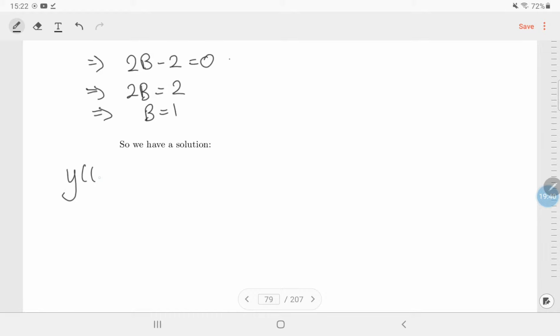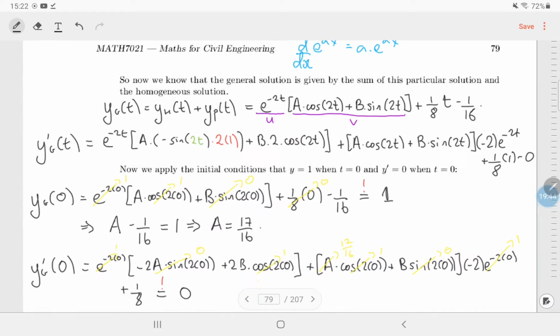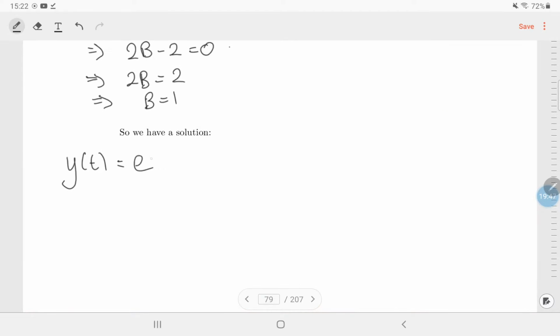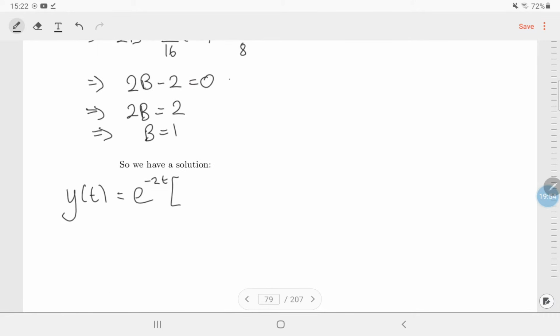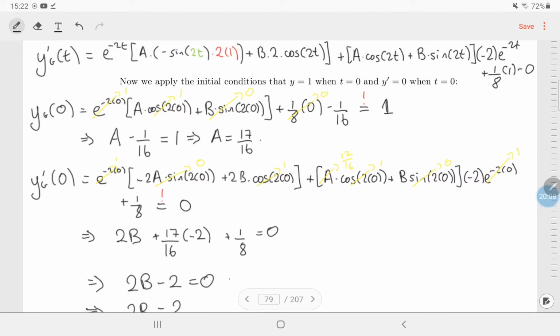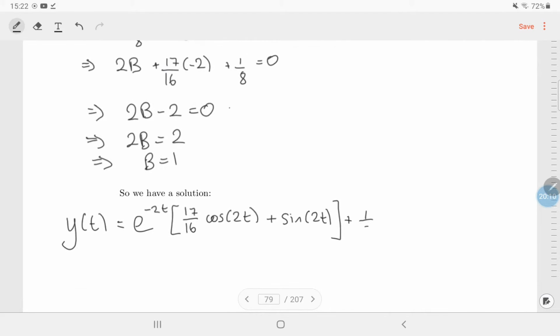y of t, if I can remember it all. So it was e to the minus 2t times 17 sixteenths cos 2t plus b is 1, sine 2t, plus 1/8 t minus 1/16.